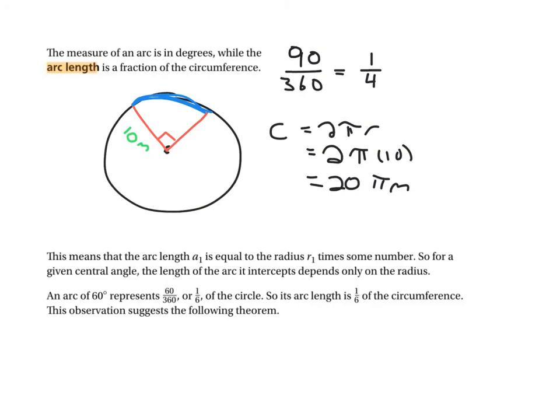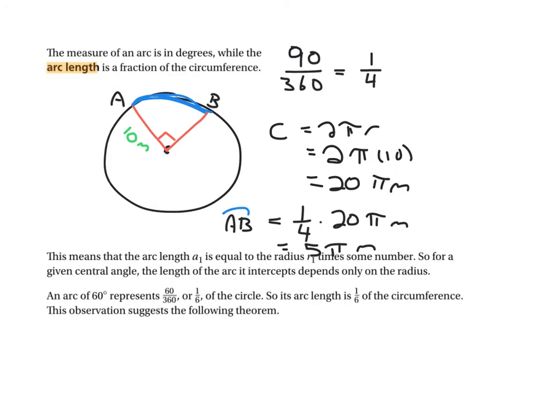Let's label them A and B. Then we could say minor arc AB is equal to 1/4 of 20 pi meters, or 5 pi meters. Does that make sense?